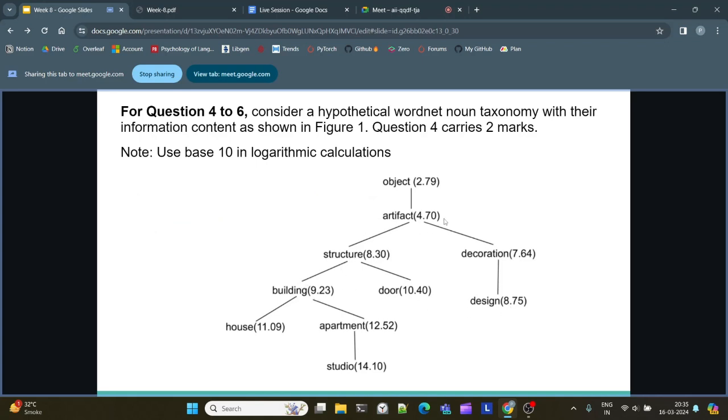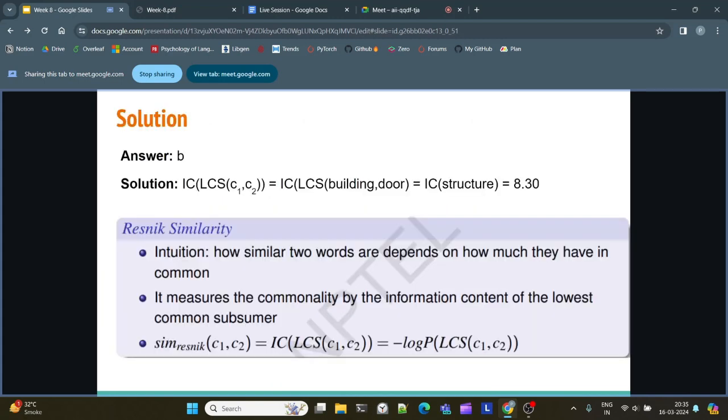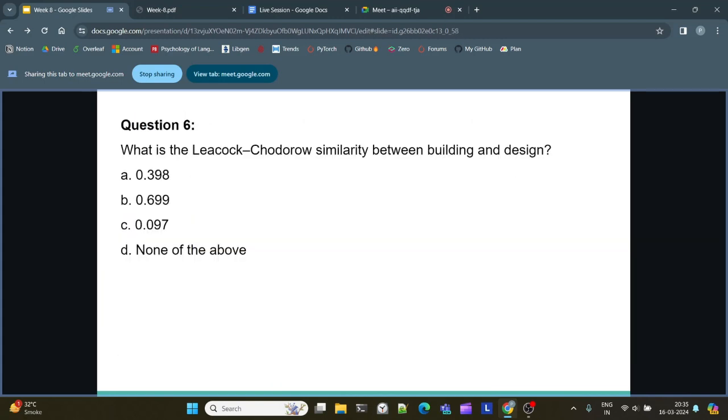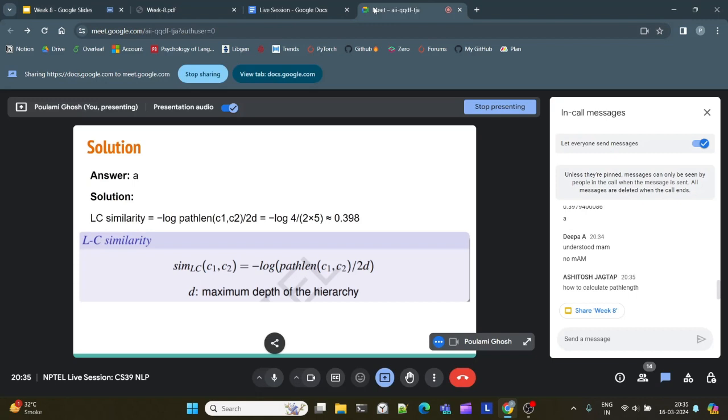These are the 4 edges connecting building and design, so that gives us a path length of 4. Okay, got it. Ashutosh is also asking how to compute path length. I just mentioned it. Should I repeat again?